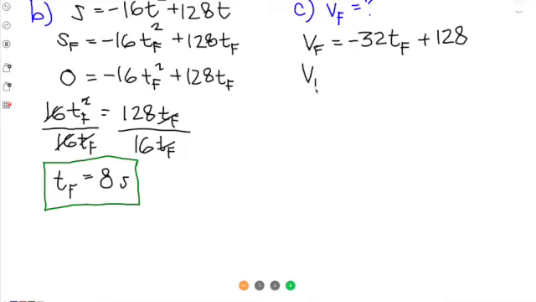So let's plug in our values. So vF would just be equal to negative 32 multiplied by 8 plus 128. So that's negative 32 by 8. That's negative 256 plus 128.